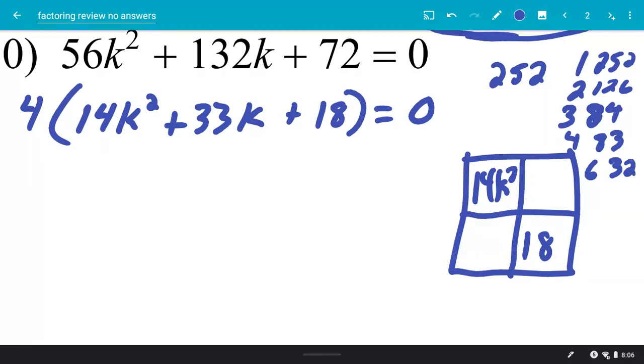7, not 8. Does not. 9. 9 does. How do I know? Because 9 is like 3. If you can add it up, it will go in. So 252 divided by 9, 28. 10 does not. 11 does not.